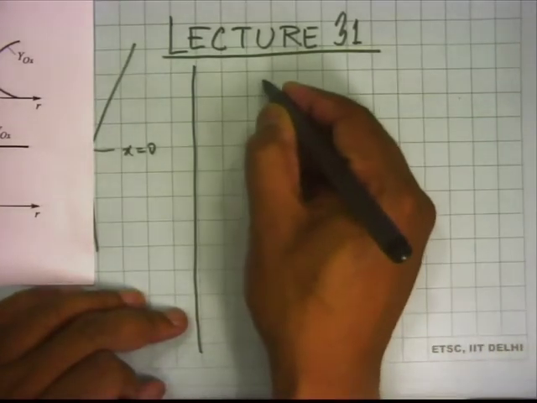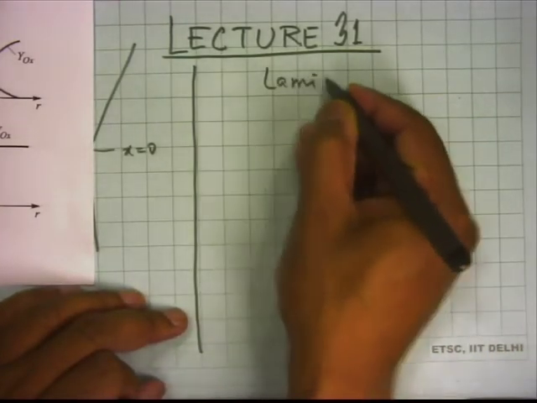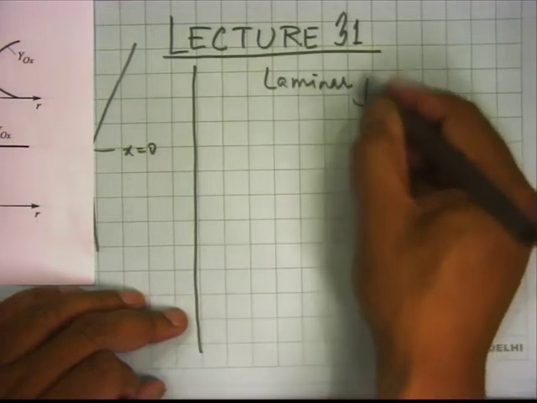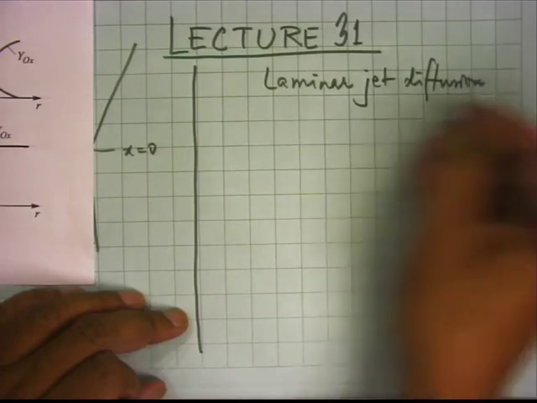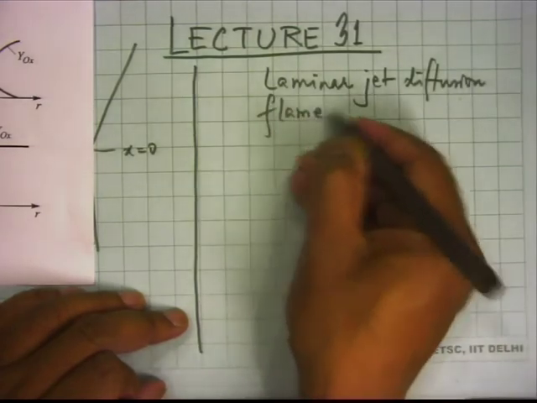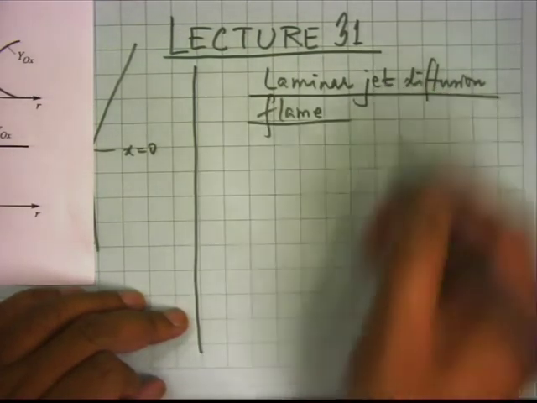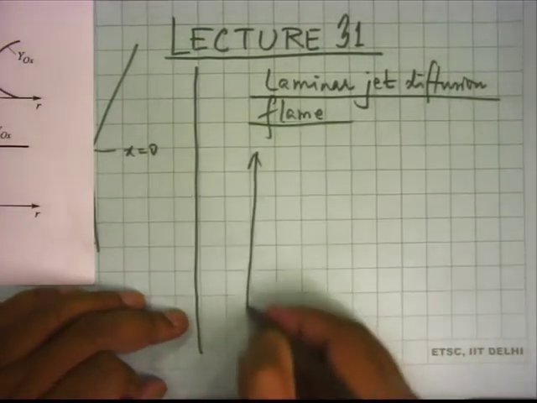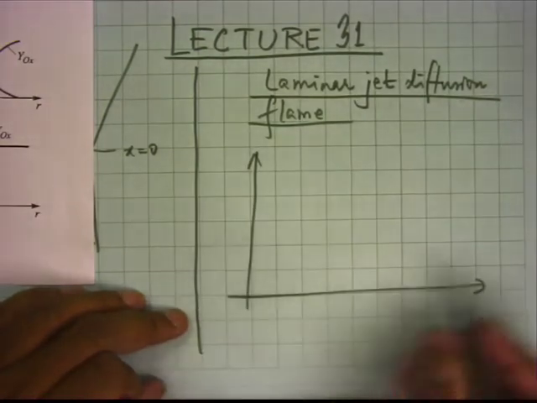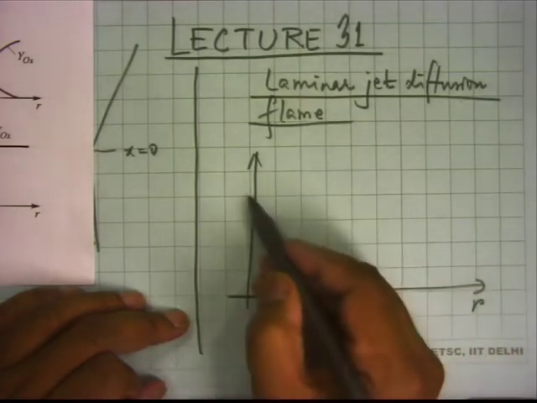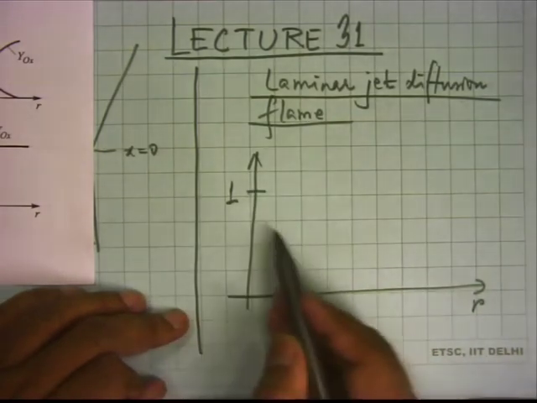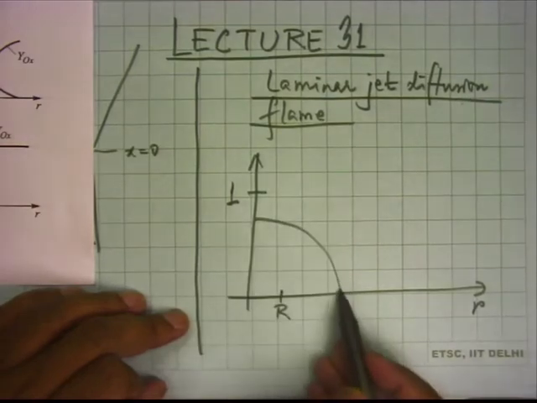So now we are talking about a laminar jet diffusion flame, and we are plotting this intermediate value of x which you saw, and roughly this is how it looked like.